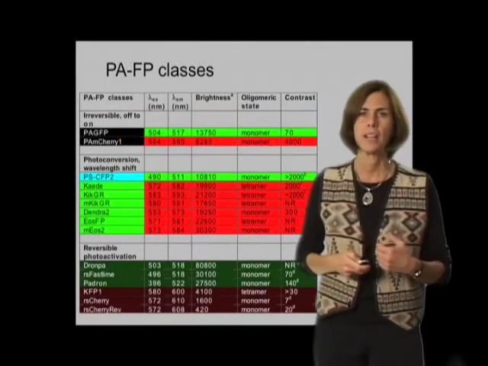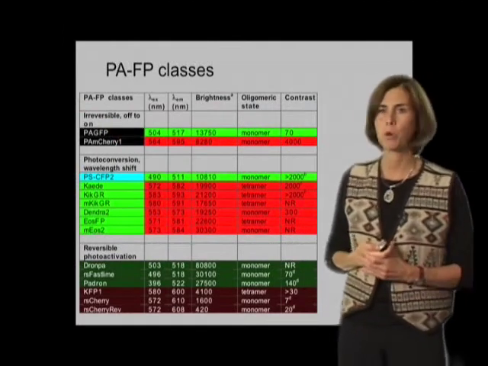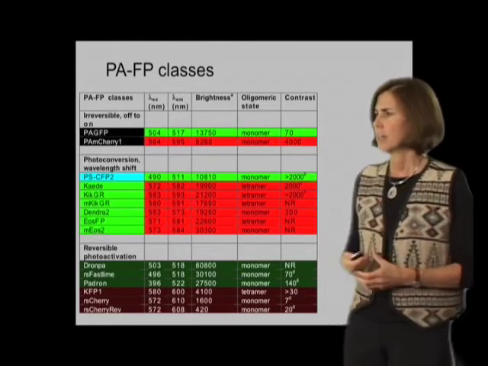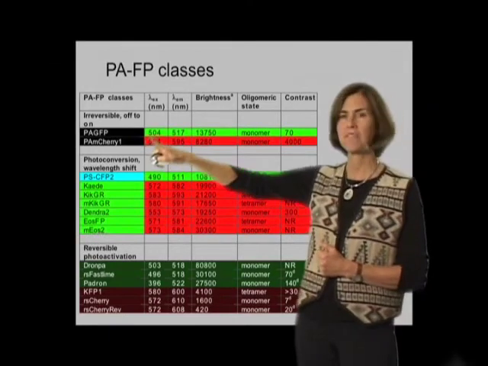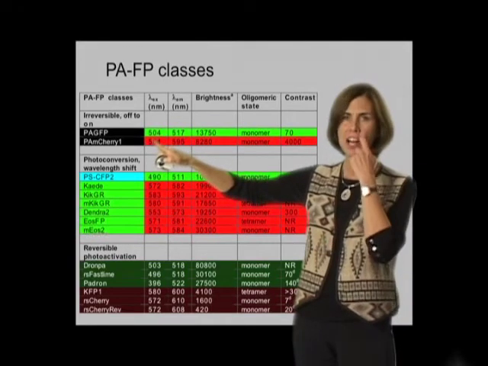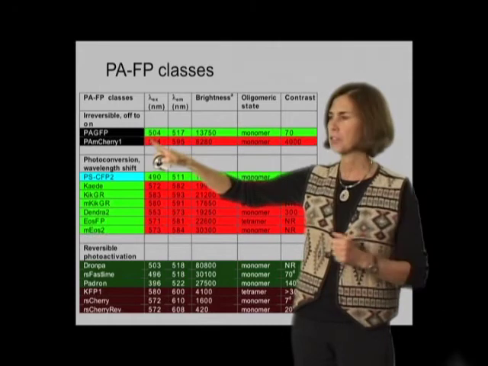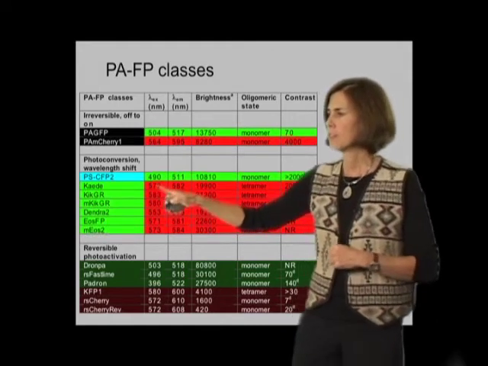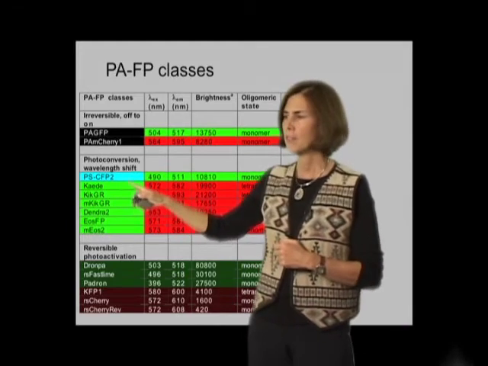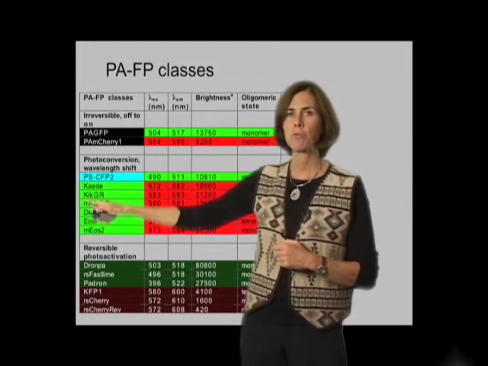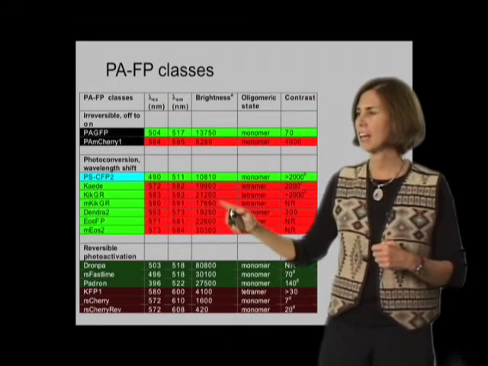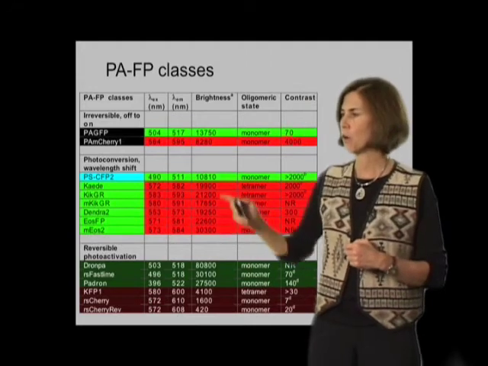Now there are a variety of photoactivatable fluorescent protein classes that have emerged over the last 4 years. The initial one was the photoactivatable GFP, which switches from dark to green and which has been used in a number of different techniques. But more recently, there's been a lot of excitement about these photoconvertible proteins that start off green, but in response to UV illumination, change their emission spectrum so that now they fluoresce red and give off a red signal.